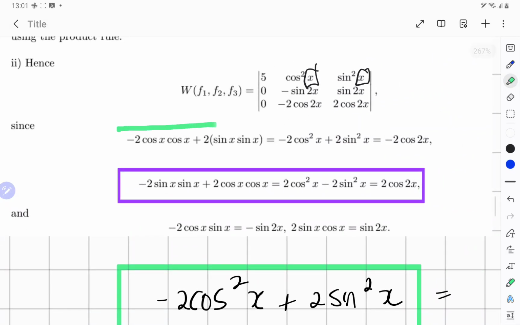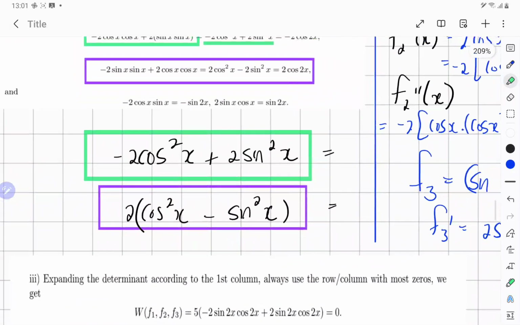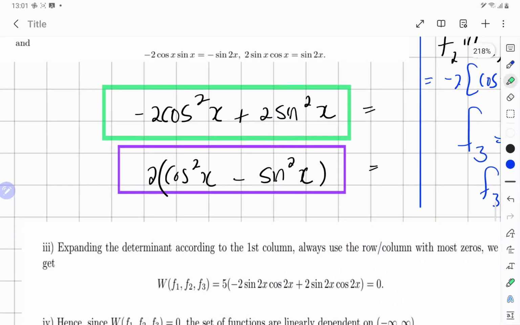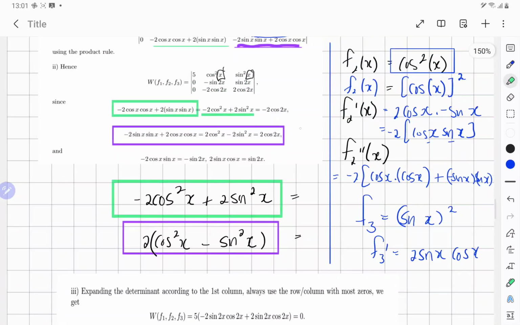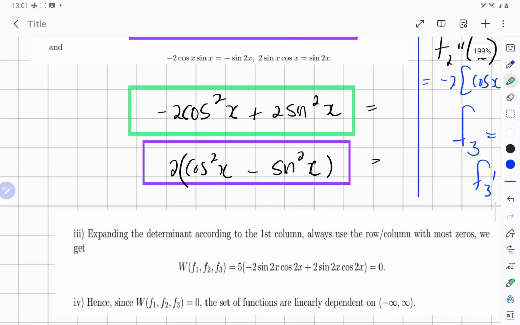So if I simplify this, I get negative 2 cos squared plus 2 sine squared. Now what is very important, what happened there for my next step, I took negative 2 out and I have cos squared minus sine squared.